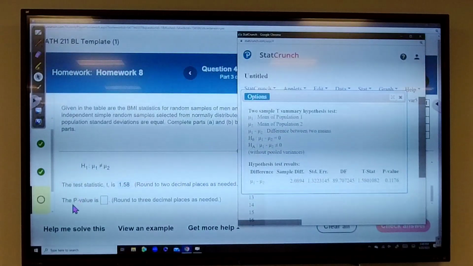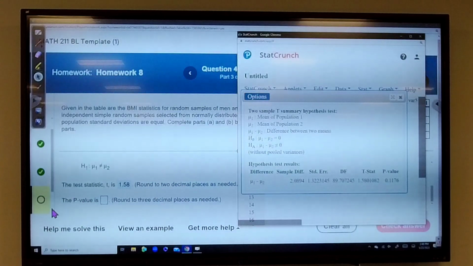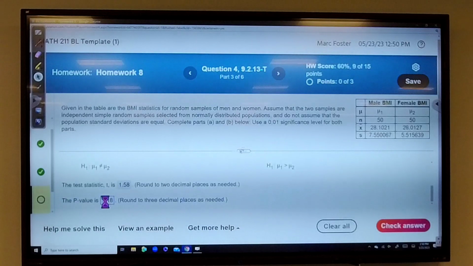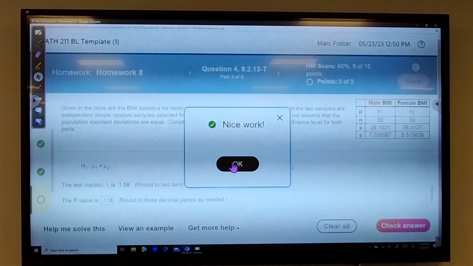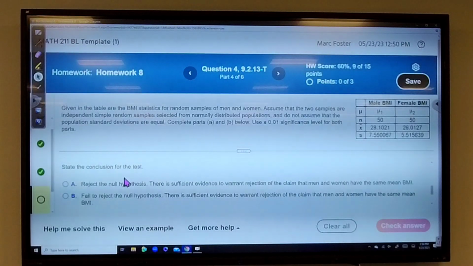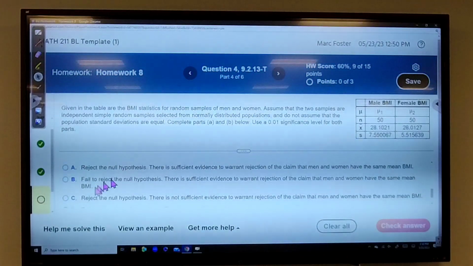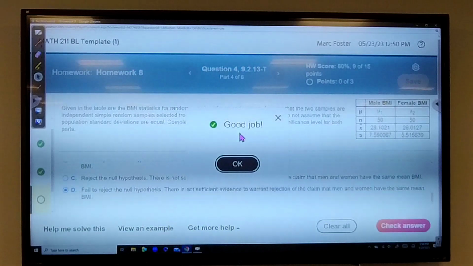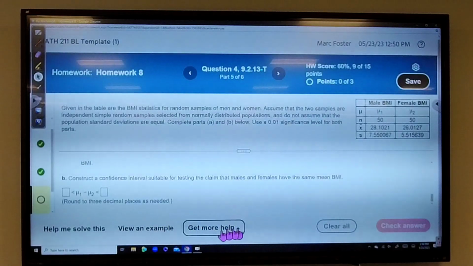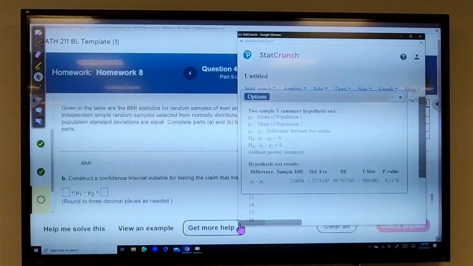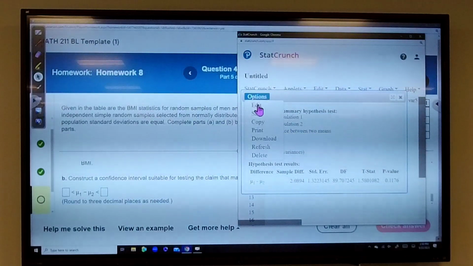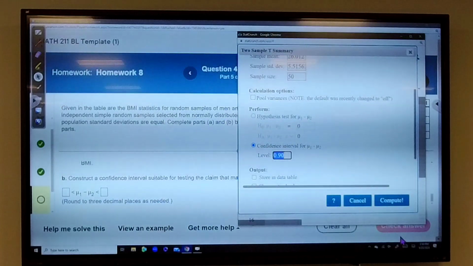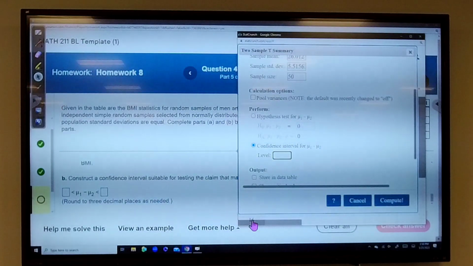To 3 decimal places, my p-value is 0.118. I will fail to reject. I do not have sufficient evidence. Now they want the confidence interval. So I do options edit, switch it to confidence interval, and I just need to tell it the correct confidence level.